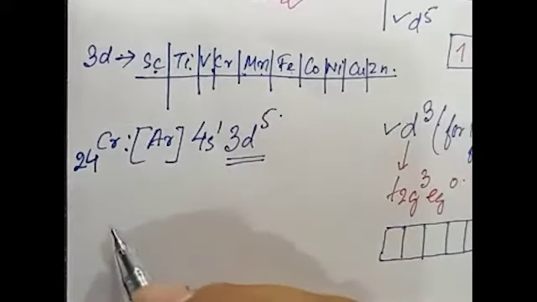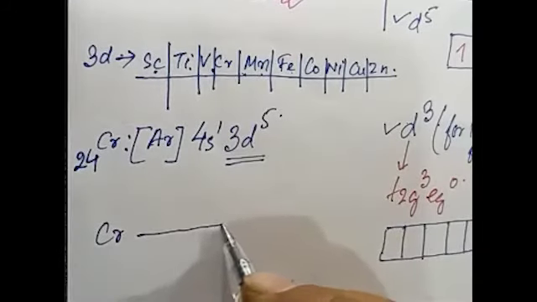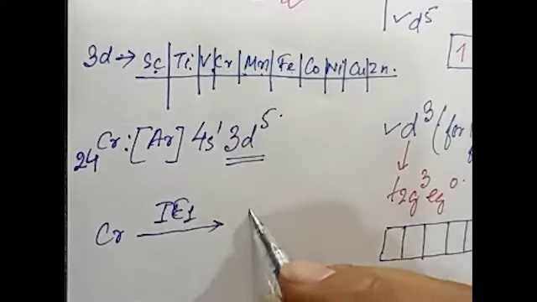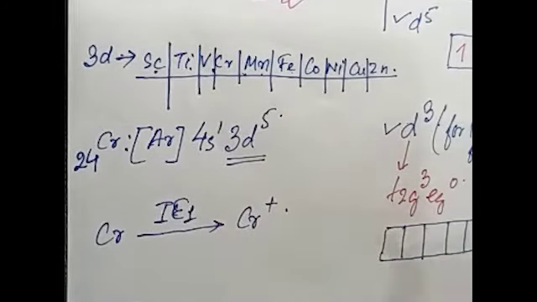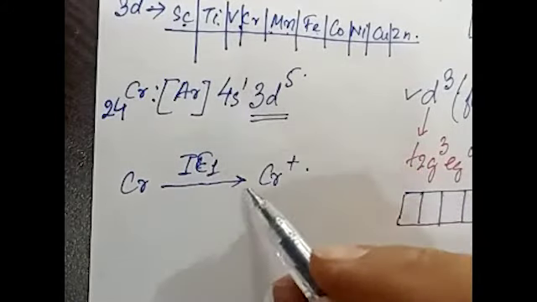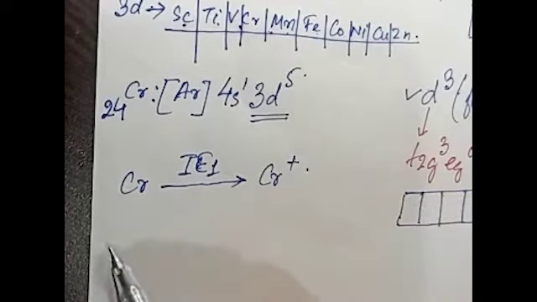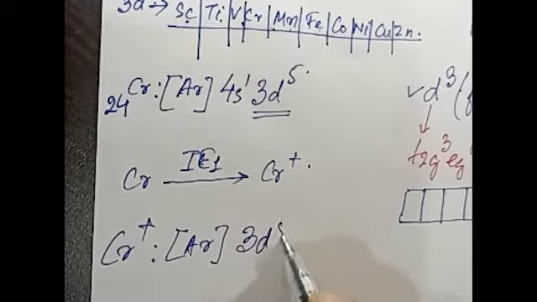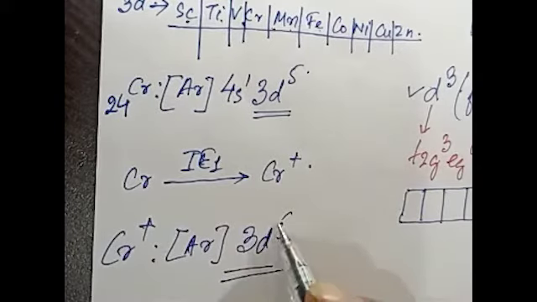Okay. So for chromium, if you give first ionization energy, it becomes Cr+. So what will the configuration of Cr+ be? One electron will be lost from chromium. So for Cr+ the configuration is argon 3d5. So naturally it has a stable configuration, right?